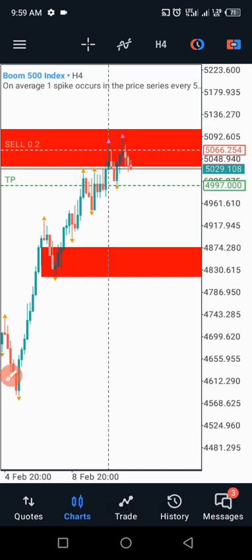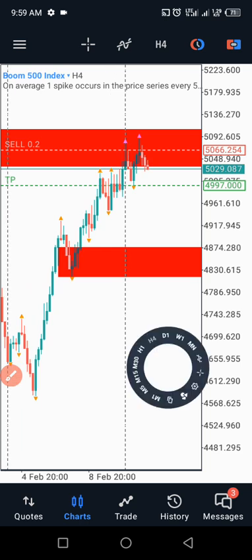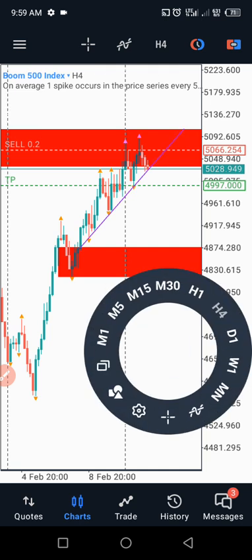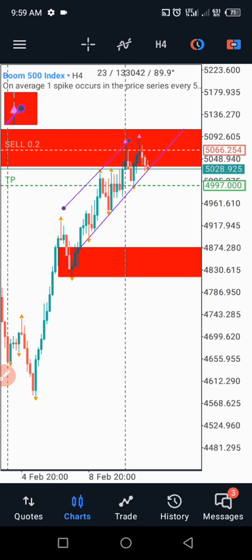Okay, so you will notice that a trend channel is forming here. So that's the trend line there, and you can see that we are in a channel now.